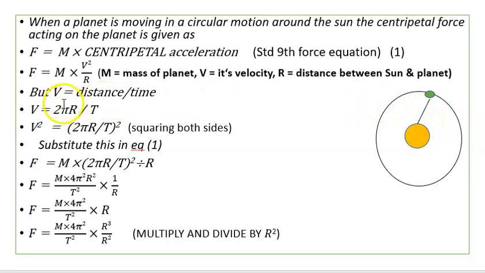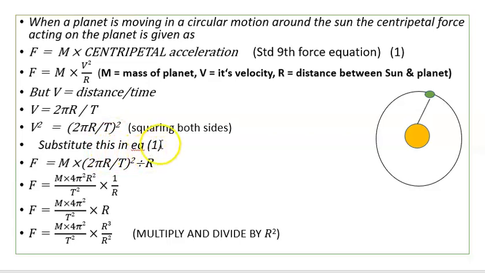But we know that v is equal to distance upon time. The distance travelled by the planet in one revolution is equal to the perimeter of the orbit, which is the circumference, 2 pi r. And the time taken is the period of revolution, T. Squaring both sides, we get v square is equal to (2 pi r upon T) square.